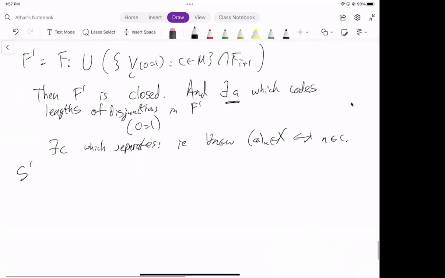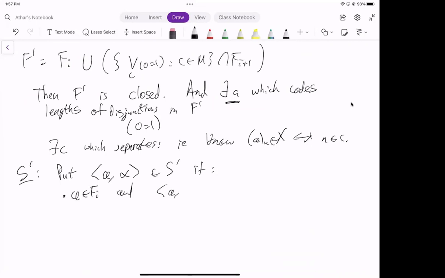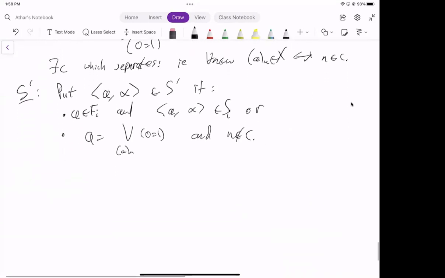Okay, and so we're going to define a satisfaction class S prime as follows. So put phi with an assignment alpha in S prime if either phi is in Fi and phi alpha was in Si, or phi is the disjunction of length an of 0 equals 1 and n is not in C. Okay.